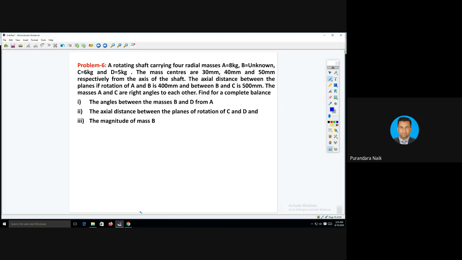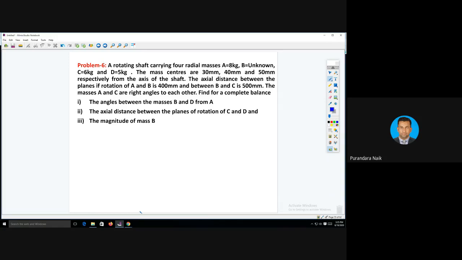Here we have 4 masses and you need to find the unknown mass B and the corresponding angles of B and D with respect to A, and the distance between C and D. So that is the question.